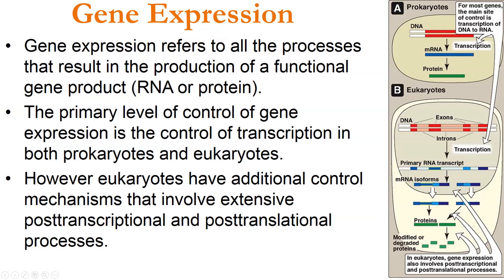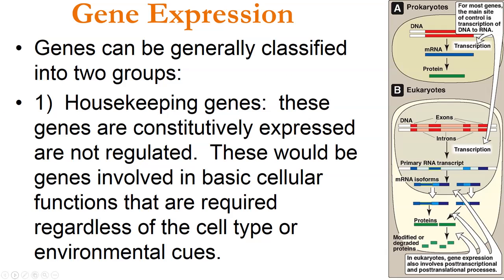Eukaryotes actually have additional control mechanisms, because of all these processing events that we talked about, many of which are unique to eukaryotes. So, long story short, eukaryotic gene expression is going to be a little more complicated than in bacteria.